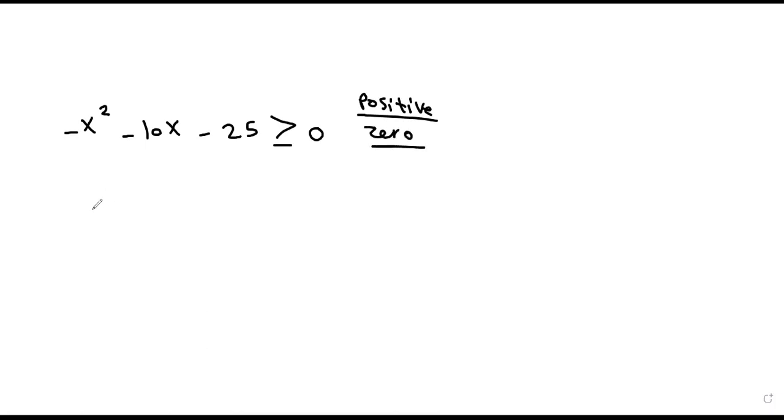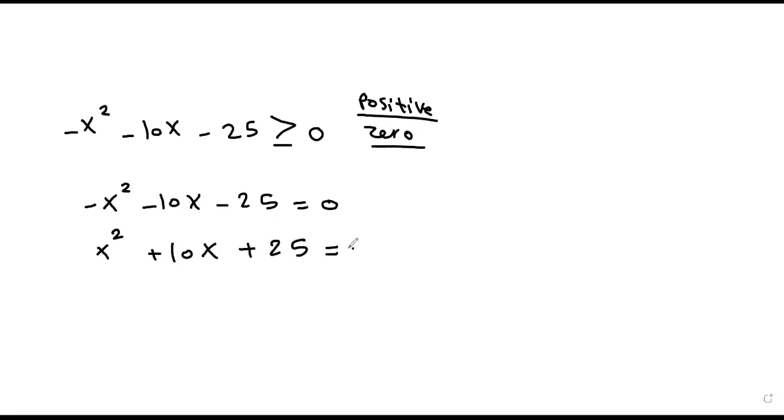So as we used to do, put negative x squared minus 10x minus 25 equaling 0. Then multiply by -1, and the equation will be x squared plus 10x plus 25 equals 0.